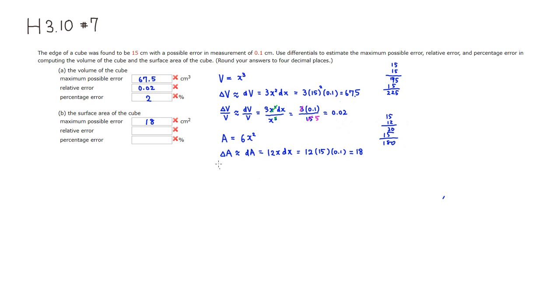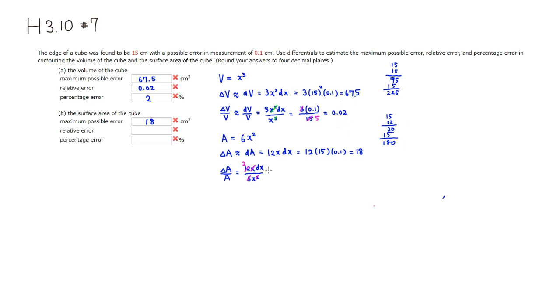The relative error is going to be delta A over A, so this is 12x dx divided by 6x squared. We can cancel 6 and 12 to get 2, and the x cancels out here.